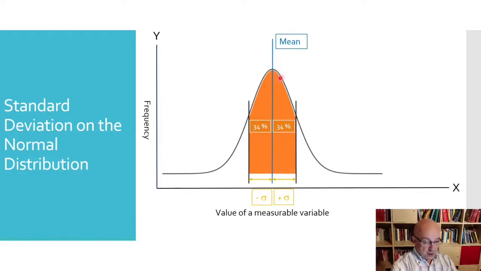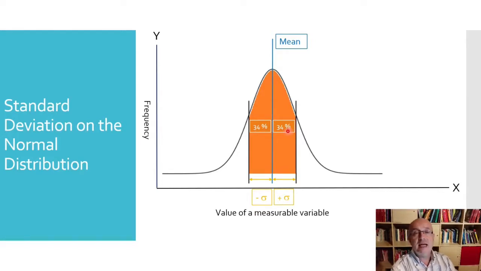The percentage of data in the ideal normal distribution, so made of an infinite number of data, included in this area, is given by 34% on the left and 34% on the right.